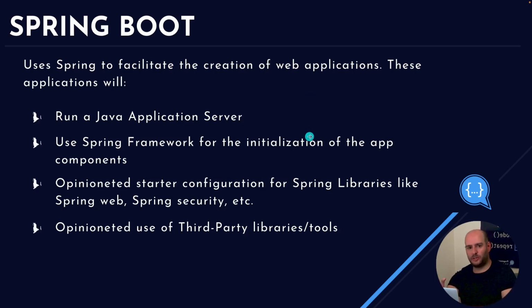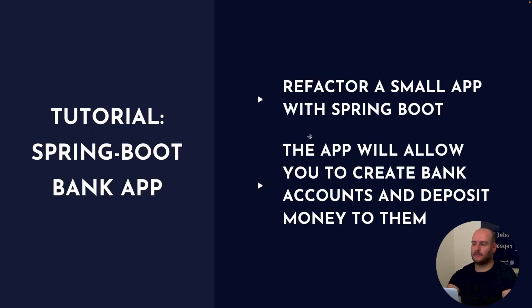So I'm going to show you, we're going to refactor this Spring application that we just created with the bank, and we're going to basically create a REST application out of the application that we have by adding Spring Boot.